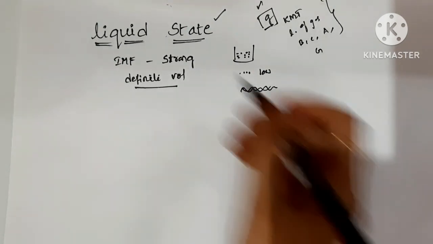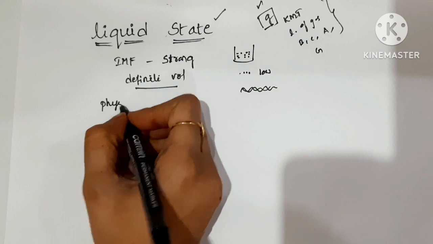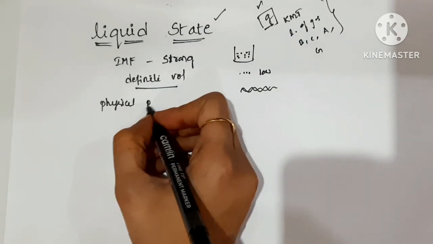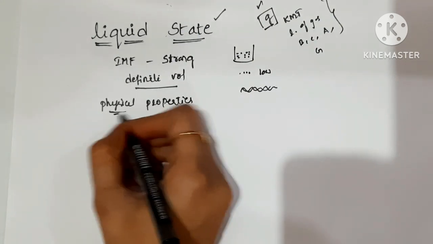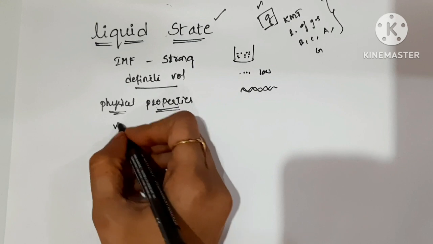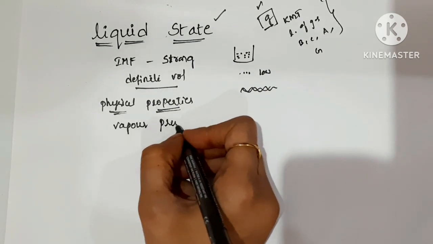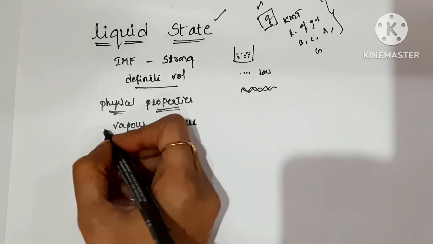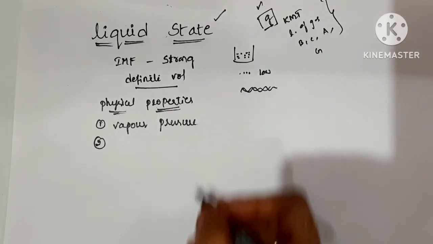Now, the physical properties of liquid state: the first is vapor pressure. The next one is surface tension.